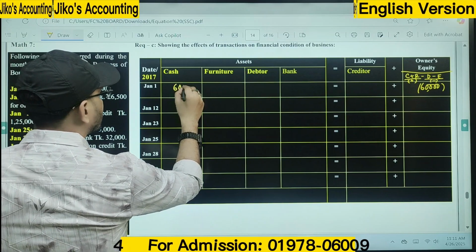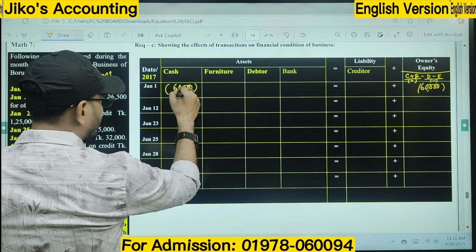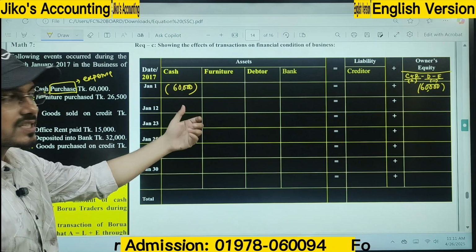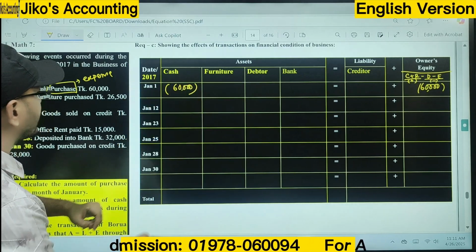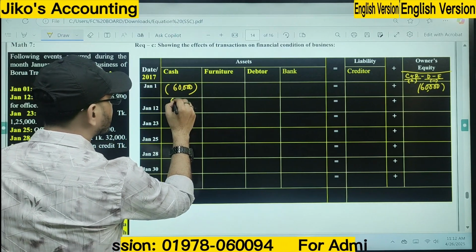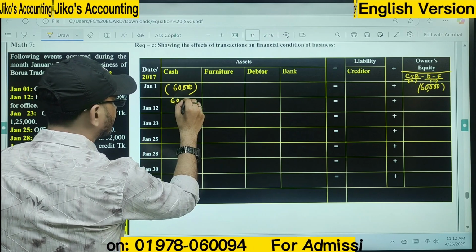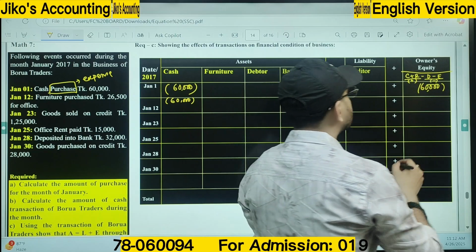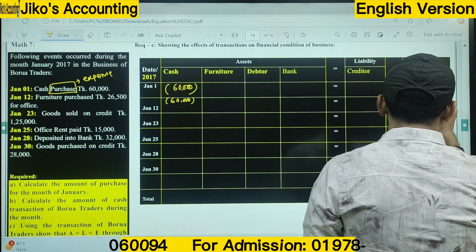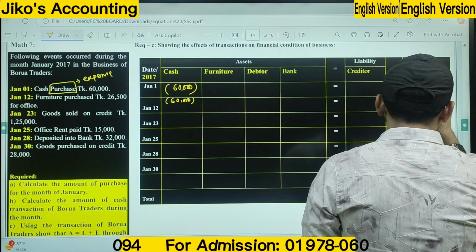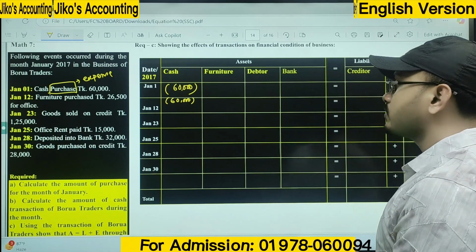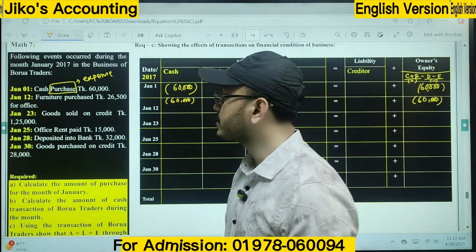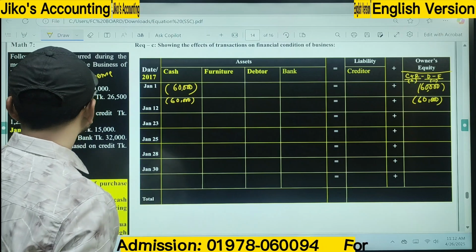So use a minus figure, that means use bracket 60,000. Is it clear, sir? Okay, fine. Now put down the balance in the second line. It's a balancing method. Again, I'm saying I have always shown this method to you because by following it you can easily reduce your mistakes. That's why I'm showing it in this way.